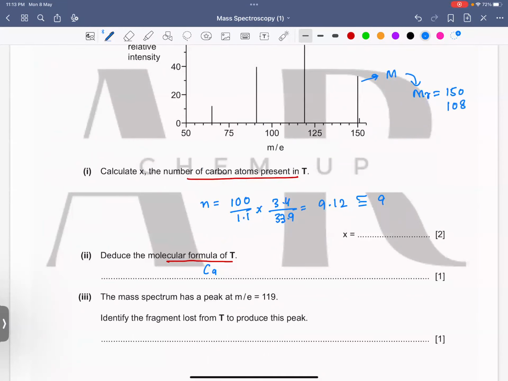And if, for example, you have one other peak over here, and these two are in the 3:1 ratio, which is the M+2 peak, then we can consider that this compound may contain a chlorine in it. But if there is an M+2 peak and this peak is exactly the same height as the M peak, like this, then we can conclude that this compound has a bromine in it.